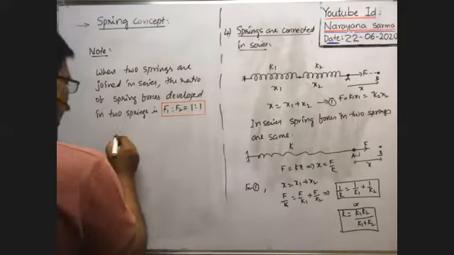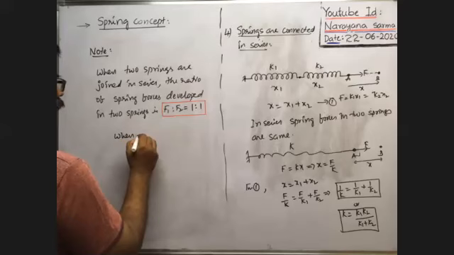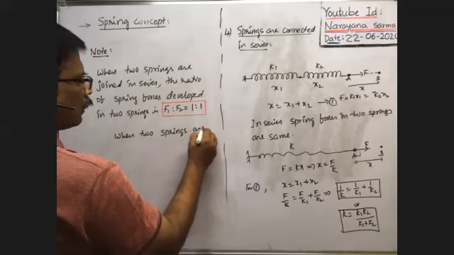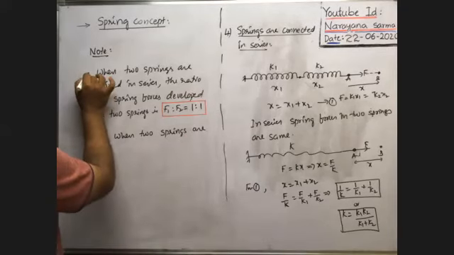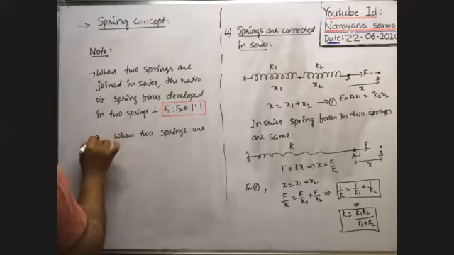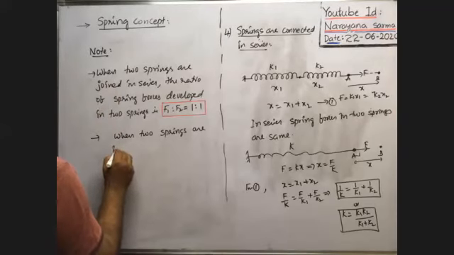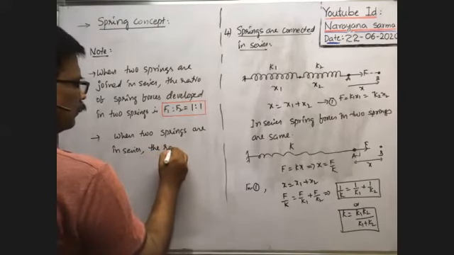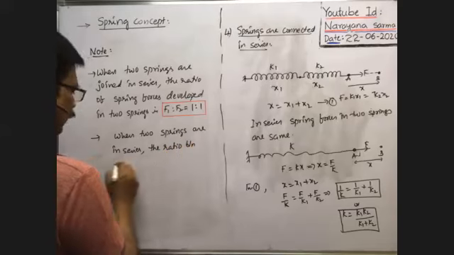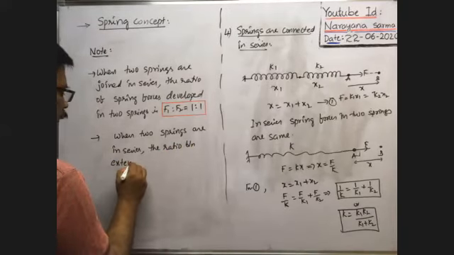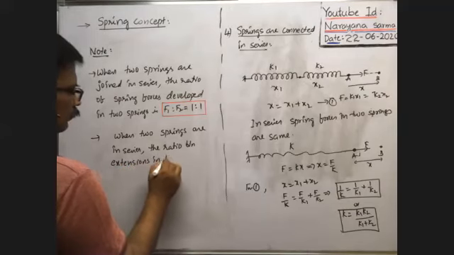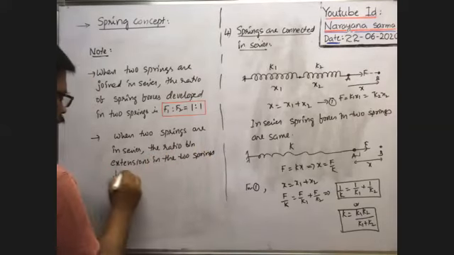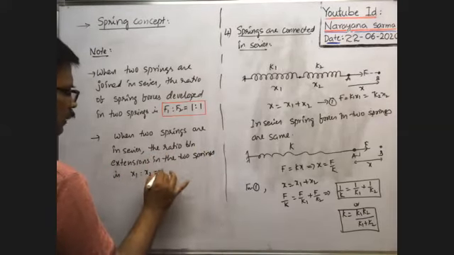Here you see, when two springs are in series, the ratio between the extensions in the two springs, x1 is to x2, is equal to how much?